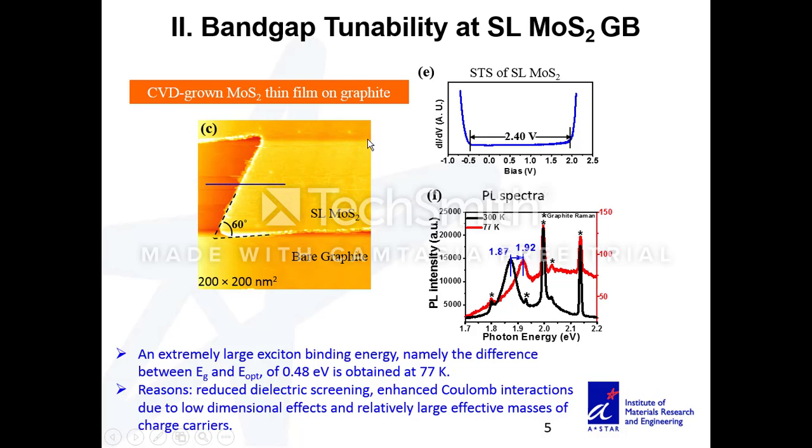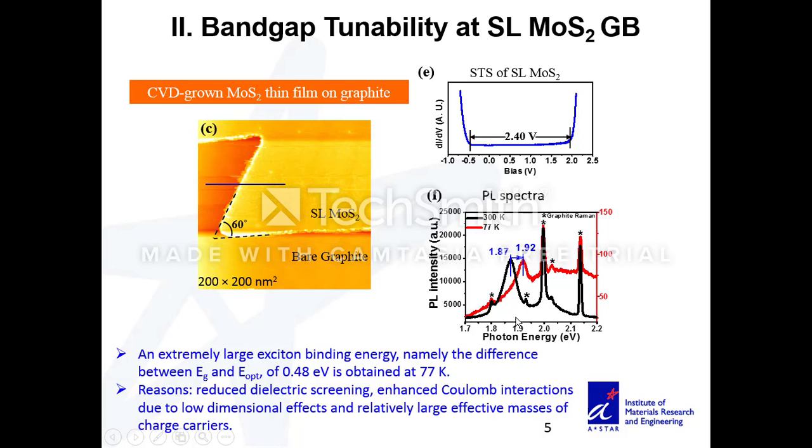Then the electronic bandgap can be determined by the dI/dV spectrum. This is a dI/dV spectrum recorded on the MoS2 surface. The electronic bandgap turns out to be 2.4 electron volts, which is quite a bit larger than the optical bandgap measured by PL spectrum.